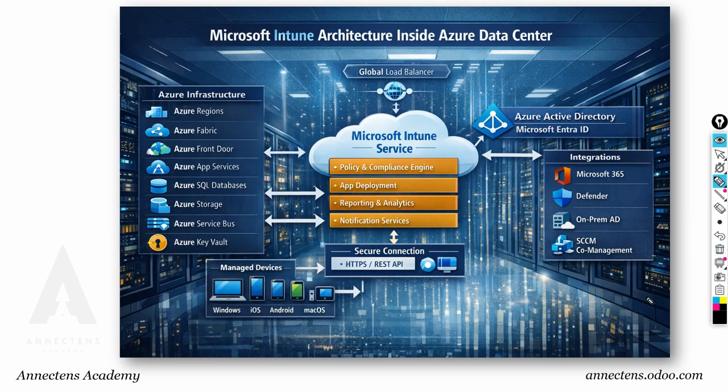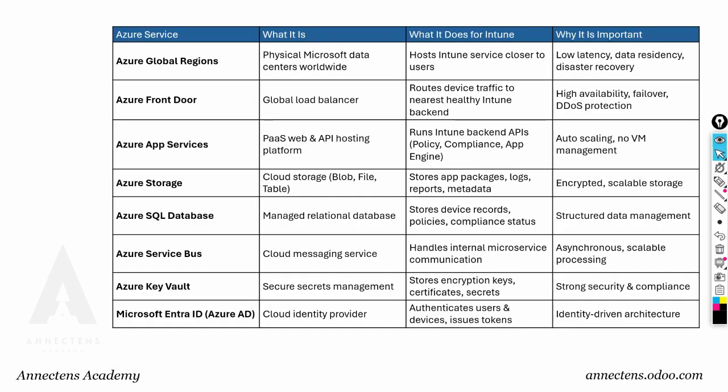Now let's understand more depth inside of it. I just wanted to touch upon this. Global regions: I have covered in the next slide what the global regions are and how many of them are available right now. A global region is a set of physical data centers available worldwide. This hosts your Intune service closer to users.